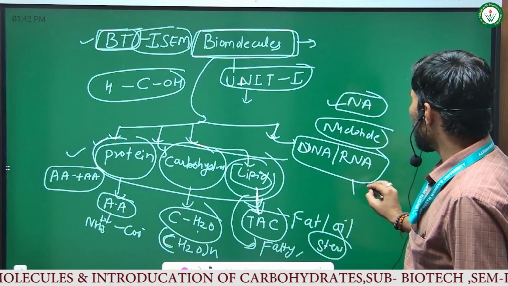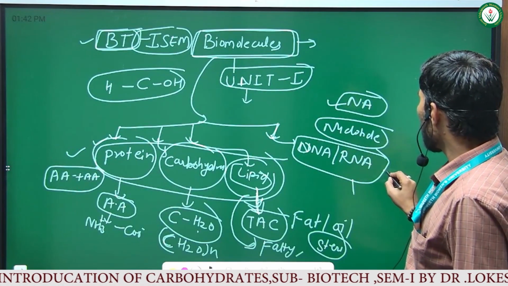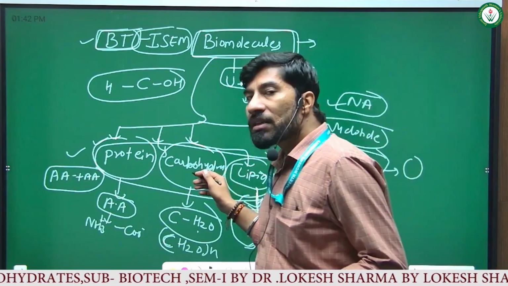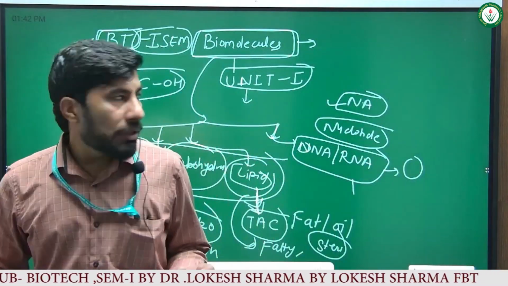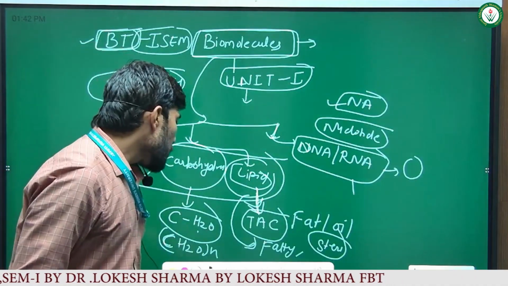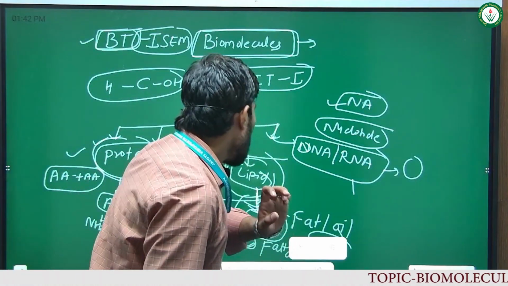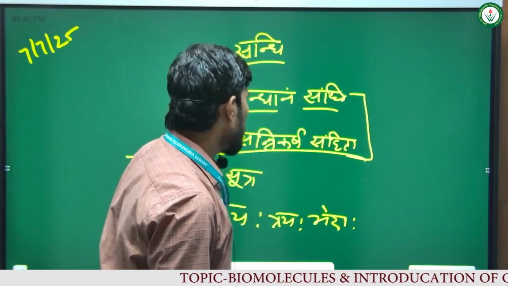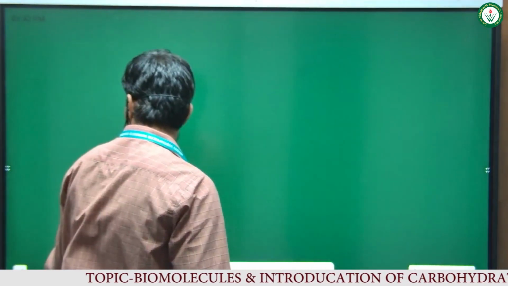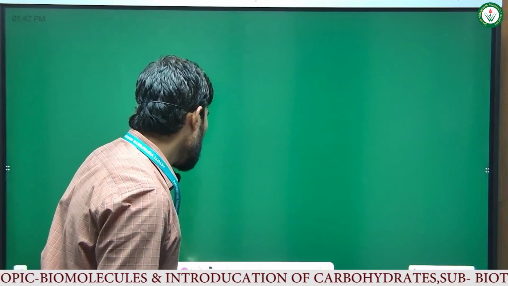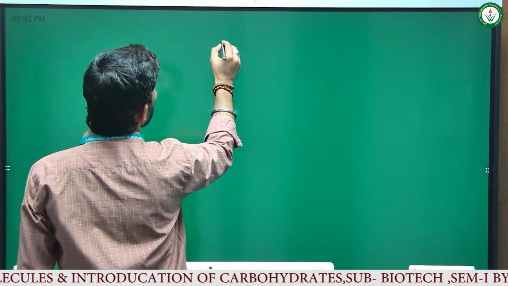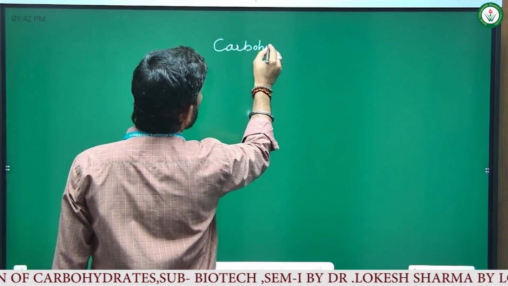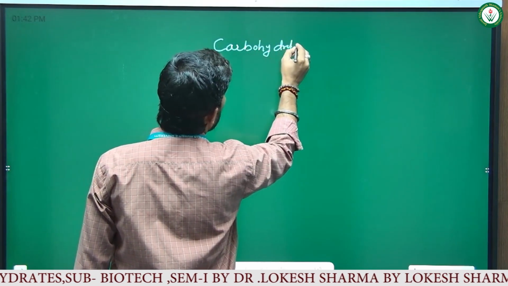DNA and RNA are basically found in the nucleus of our cells. So today's topic is carbohydrate, which is present in your biomolecule unit. We will come and discuss carbohydrates.